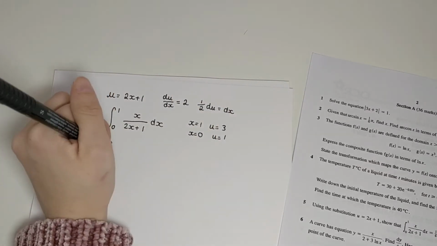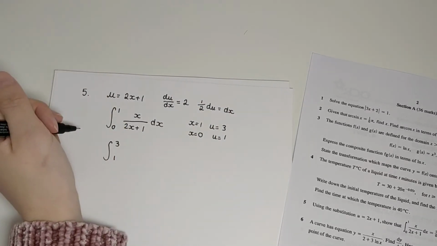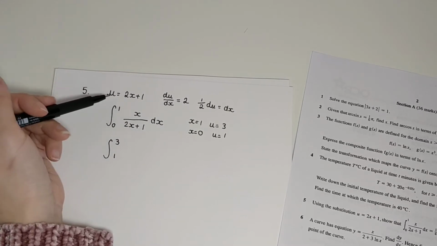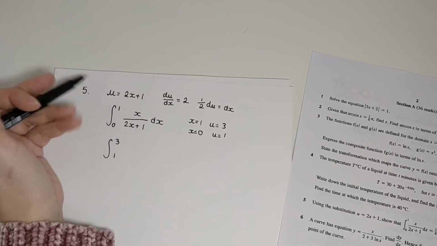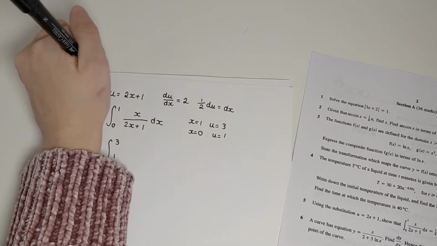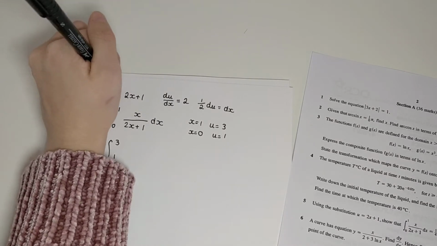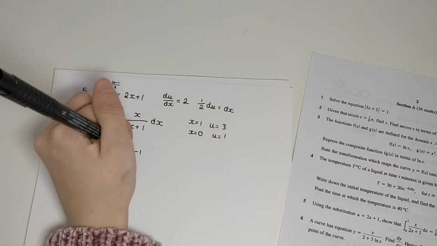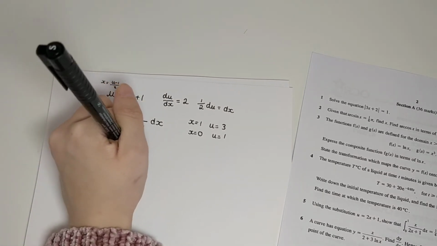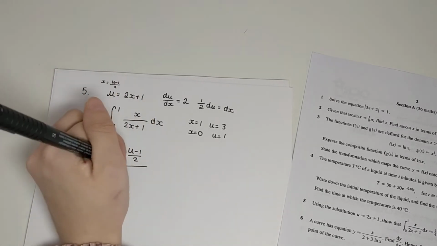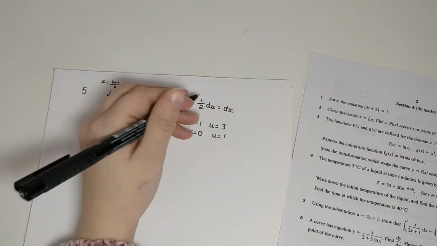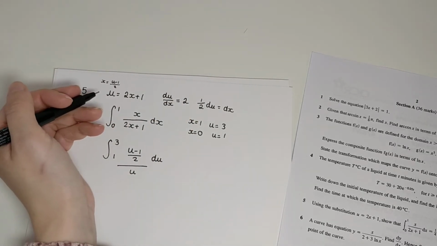So this is the integral from 1 to 3 of, okay, the bottom is going to be u, but the top, what's the top going to be? U minus 1 divided by 2. Isn't it? Okay, u minus 1 divided by 2 over u du, but I need to put a half somewhere as well.